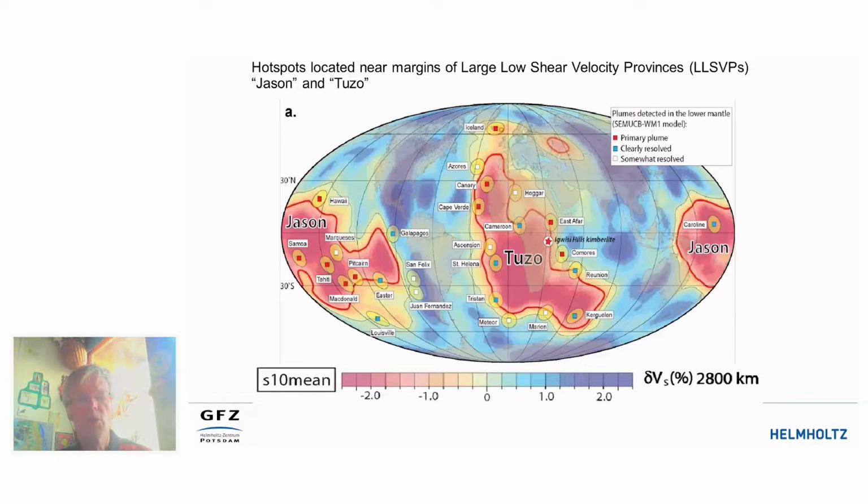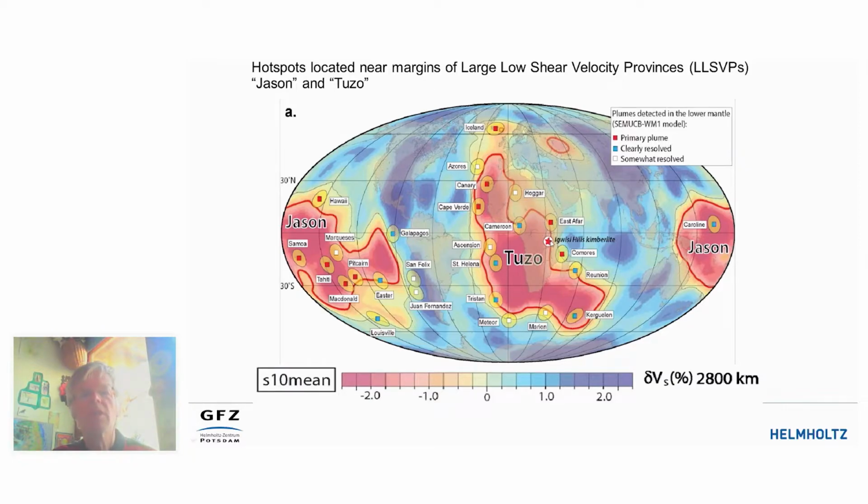Now, where those plumes are located: if you look at the location of hotspots at the surface, especially very well visible above the African LLSVP, they tend to form along the margins. This is a figure, I think, from a recent paper by Romanowicz et al., with this distinction between primary, clearly resolved, and somewhat resolved plumes.